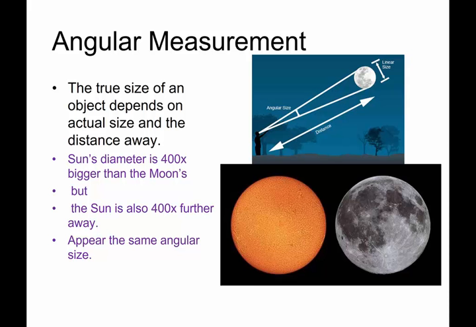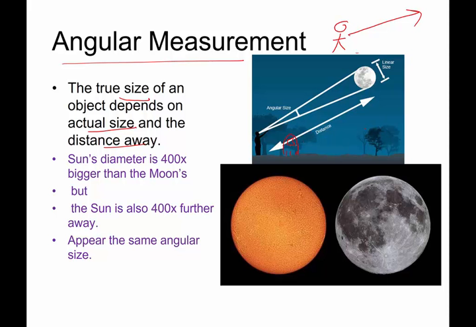The challenge or the situation with angle measurement is that it's all based on perspective. It's all based on you and I standing there looking at something. And so the size of an object is going to depend upon its actual size and how far away it is. We've all seen this situation where you might have a mailbox that's very close to you, and you might have a tree that's a long way away from you, and the mailbox looks bigger than the tree.